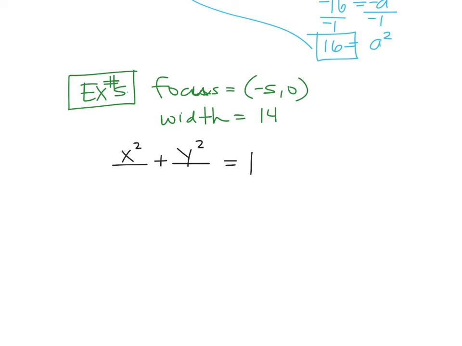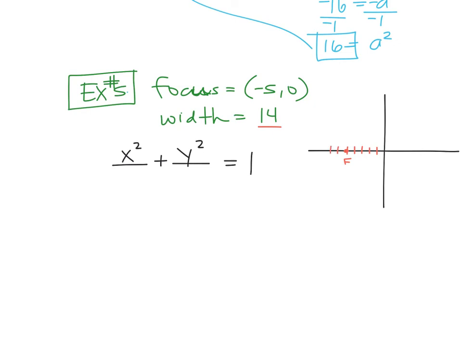If you were to draw a picture of this, a focus at negative 5, 0, 1, 2, 3, 4, 5. Okay, that's your focus. And then a width of 14, and the width is the whole width of like the entire ellipse, which means if it goes 14, because it's symmetrical starting at 0, 0, it's going to go 7 on each side.